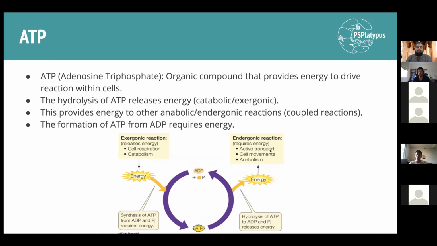There's a term called coupled reactions. When ATP is hydrolyzed, it releases energy. This energy is used for other reactions that need this energy. We call them coupled reactions.